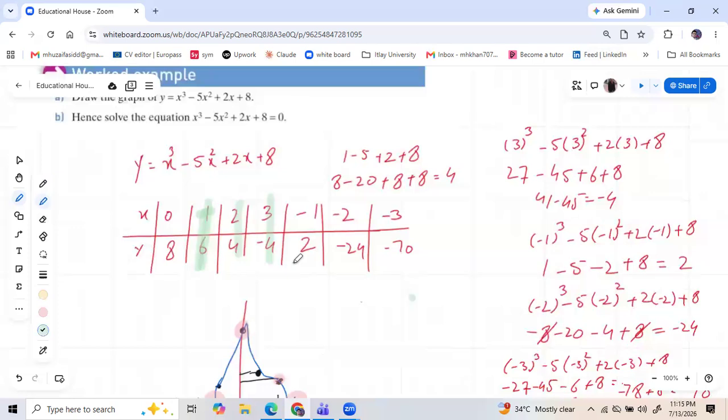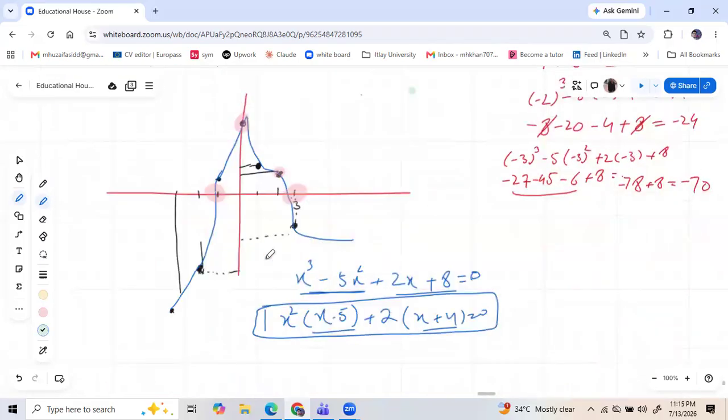So we write these points, and we say that our function intersects or crosses the x-axis line at these points. From the negative side we have 1 point, from the positive side this and this, and also along the y-axis we can see these points. So this is the solution of that equation.